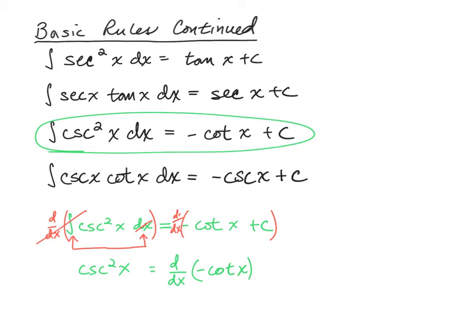Now the only thing that almost makes this look like a formula you know for derivatives is this minus sign. Well, luckily for us, we can move it to the front of this derivative, and then we can divide both sides to get negative cosecant squared x equals the derivative of cotangent x, which is exactly what you learned during the derivative units.